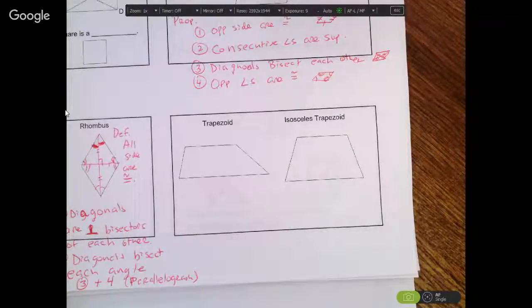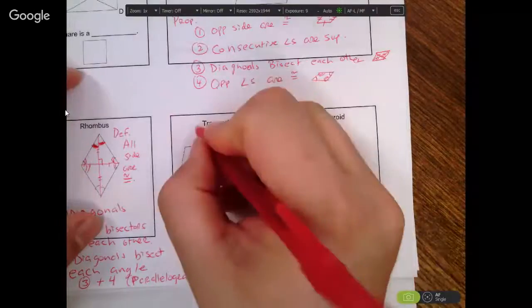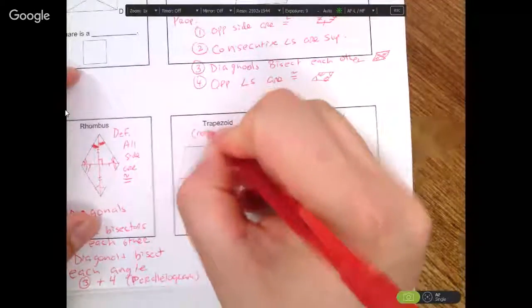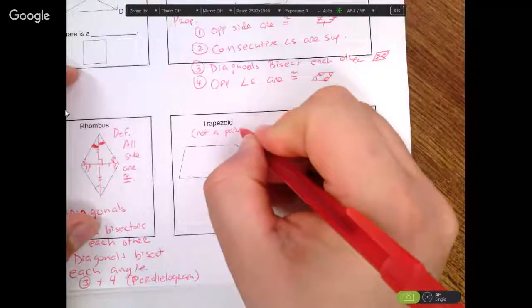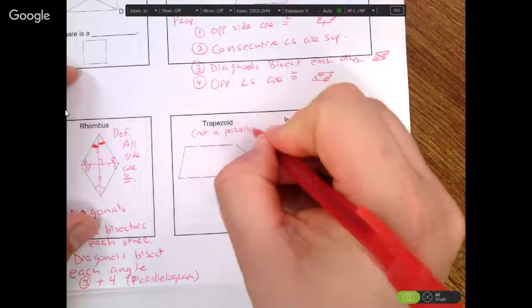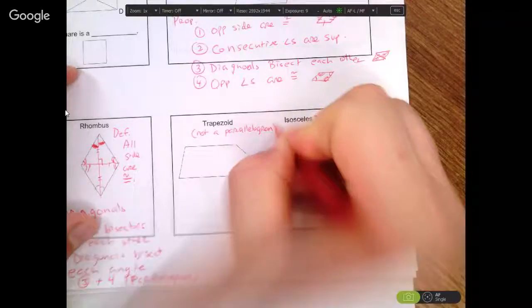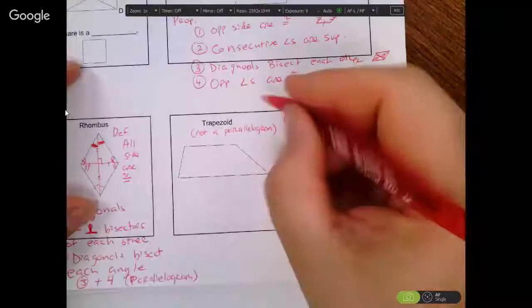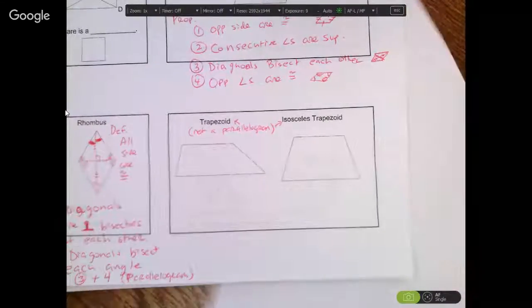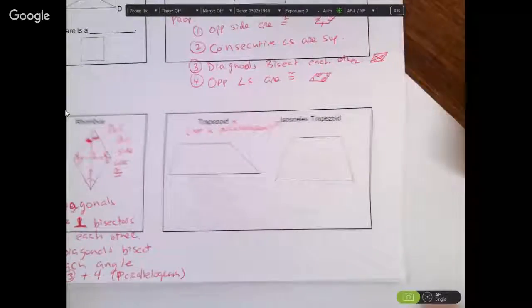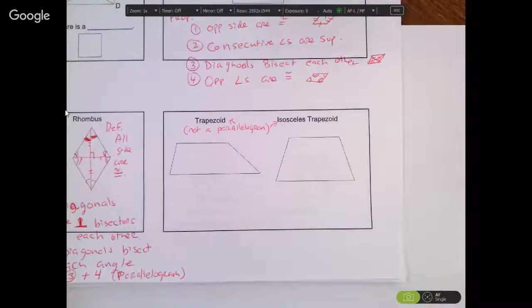So it's important now, once we move forward, that a trapezoid is not a parallelogram. Because it's not a parallelogram, we're not going to say the plus 4.